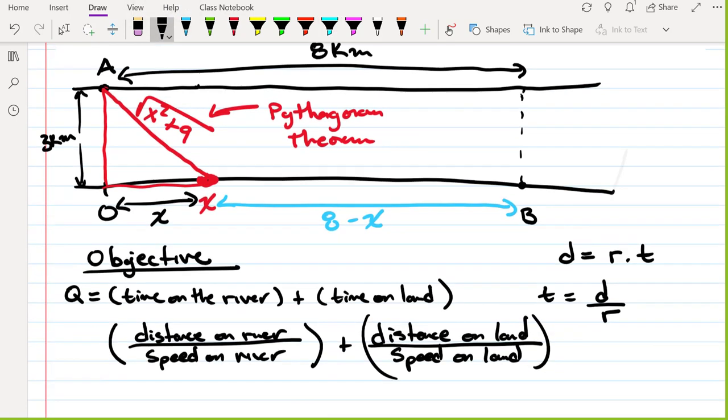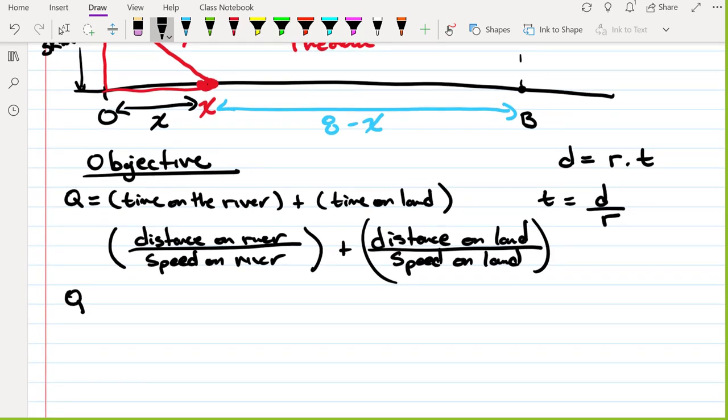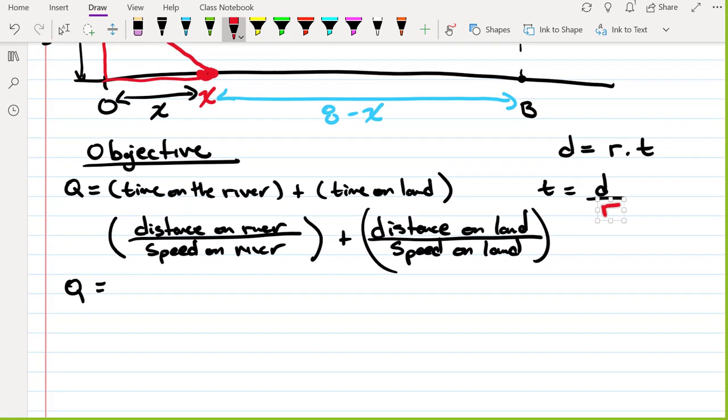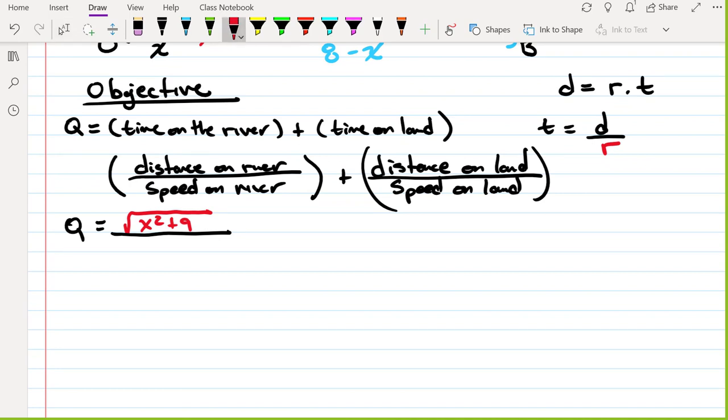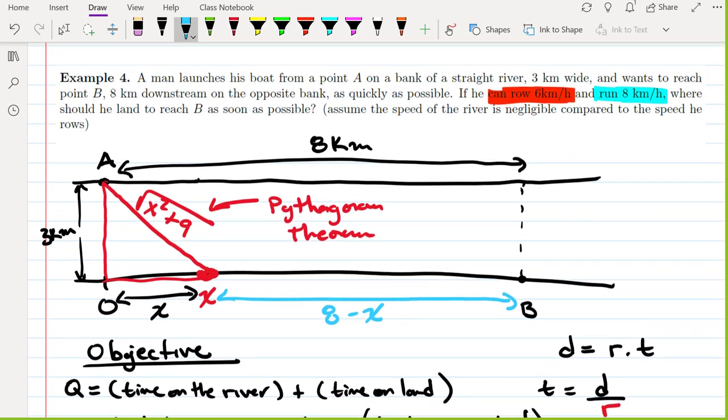So putting all of this into our function down here, his distance on the river is going to be the square root of x squared plus 9 over his speed on the river is 6 kilometers per hour plus his distance on land is 8 take away x, and his speed on land is 8.